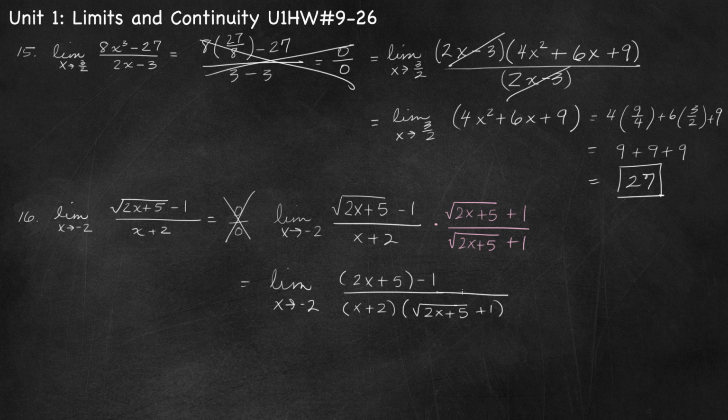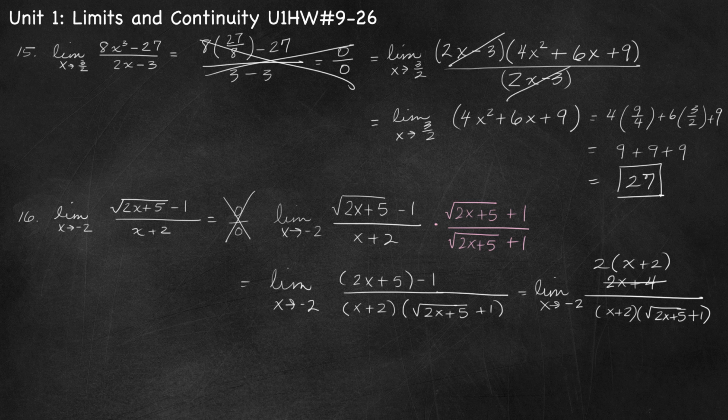And when we simplify the numerator, 2x plus 5 minus 1 becomes 2x plus 4, which I could write as 2 times the quantity x plus 2 over my denominator, x plus 2 times the square root of 2x plus 5 plus 1.